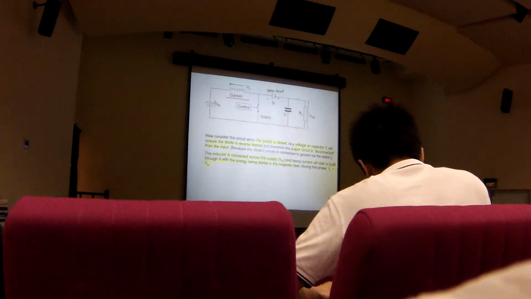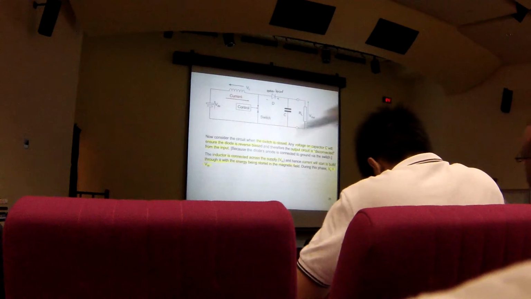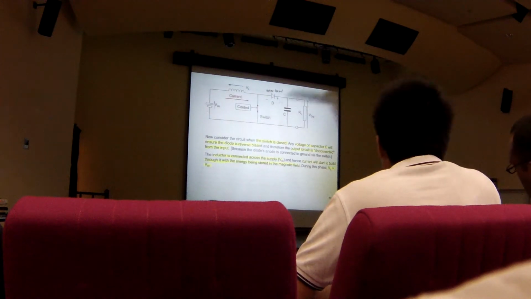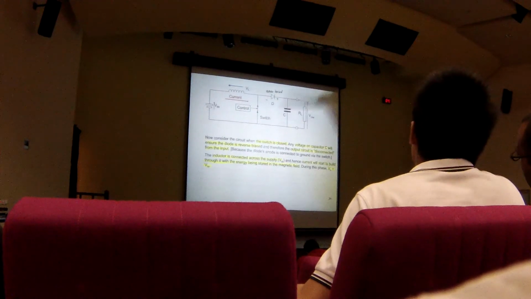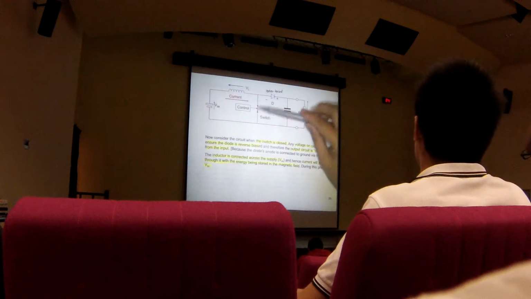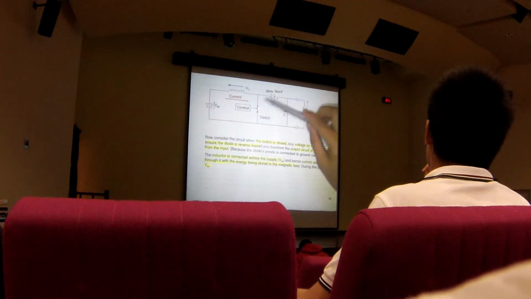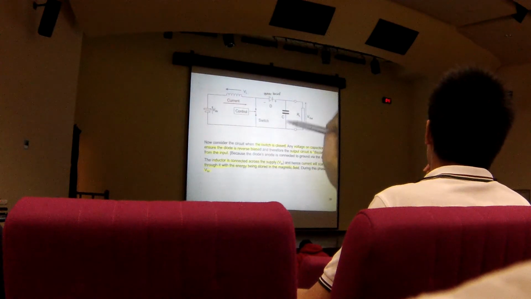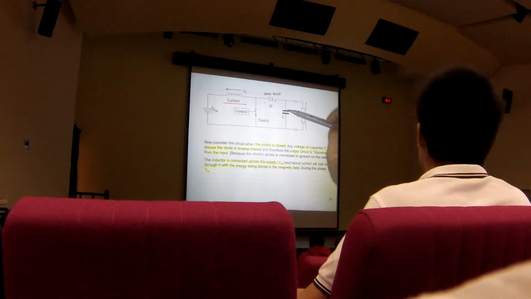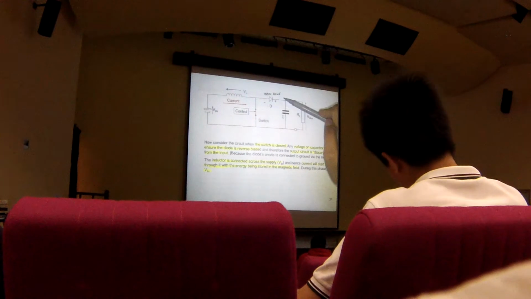Alright, so now if you want to close the switch, what will happen? Once you close the switch, any voltage on this capacitor C will ensure that the diode is reverse bias. Okay, why? Can you see that once you close the switch, this end of the diode is connected to the negative terminal, whereas this end is still positive. Okay, if this is negative, this is positive, this is reverse bias.